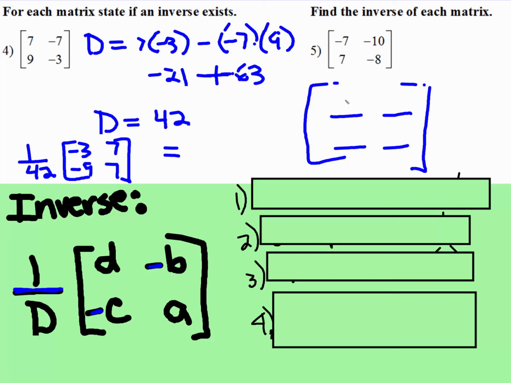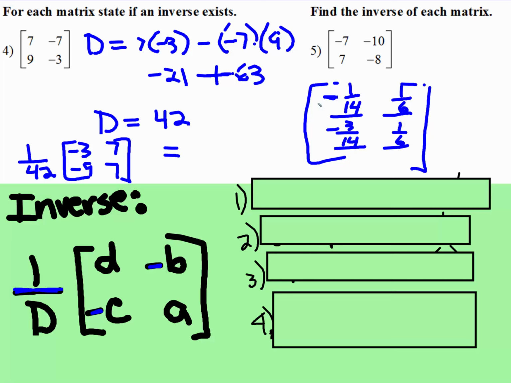They both have a 3 in common, so it will be -1/14. 3 goes into 42 14 times. 7 goes into 42 6 times, so that's going to be 1 over 6. -9 and 42 have a 3 in common, so that's going to be 3/14. And then 7 and 42, again, that is 1/6.